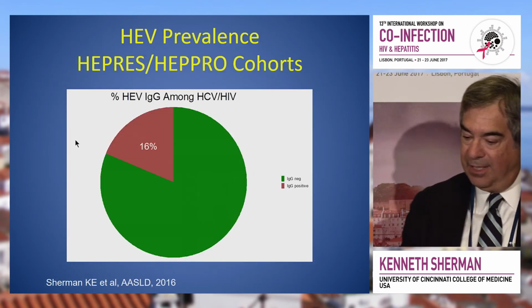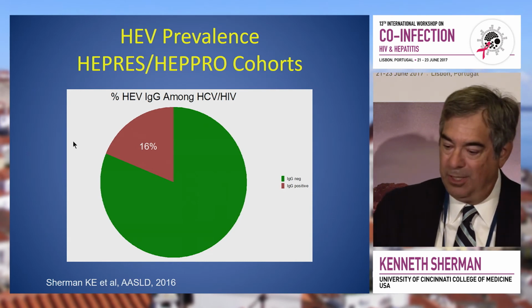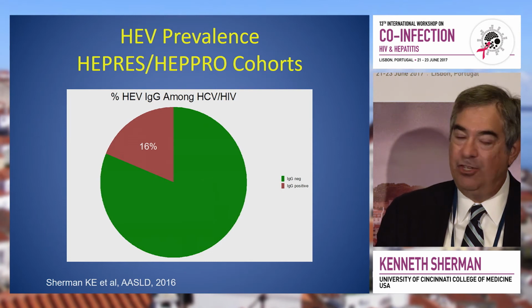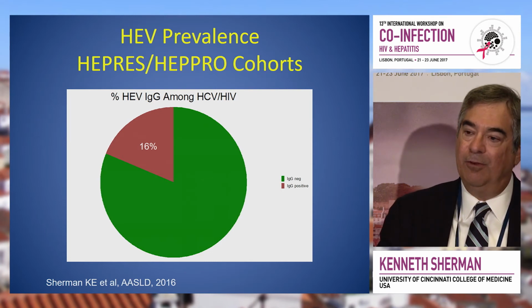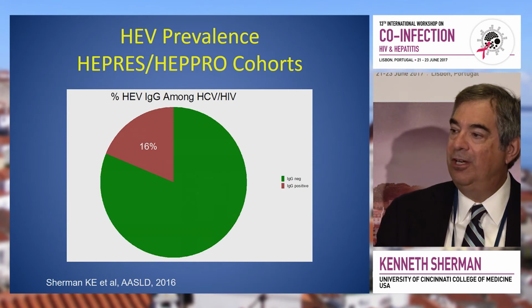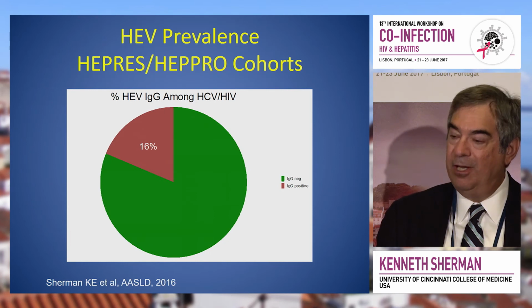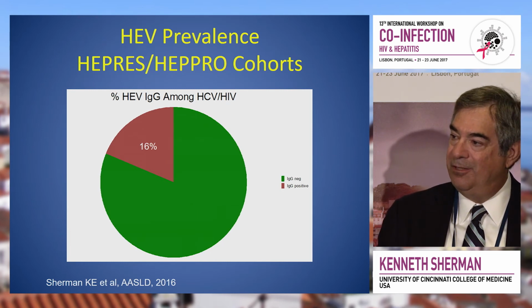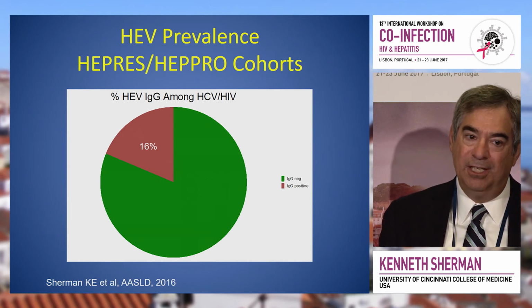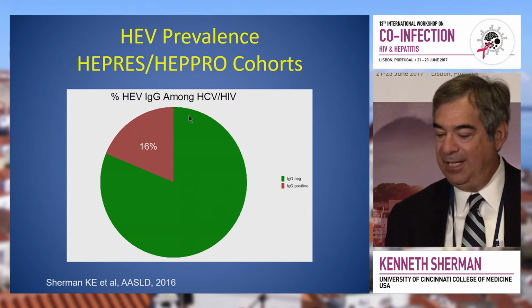We recently have been looking at samples from a different cohort. This is a mix of Hep C and Hep C HIV-infected patients from what's called the DC cohort. It combines two large prospective cohorts, HEP-RES and HEP-PRO, that are part of the NIH-sponsored DC initiative looking at patients in the Washington, D.C., Maryland, and Virginia area in the United States.